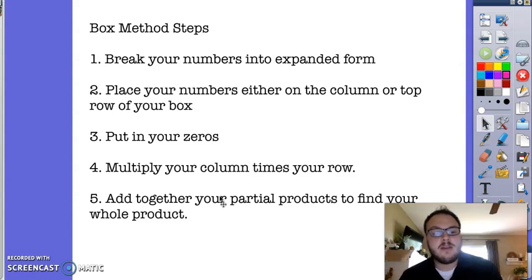Step 3 is to put in your zeros, and I'm going to show you what that means. Step 4 is multiply your column times your row. And step 5, add together your partial products to find your whole product. Your partial products are just the products you get from multiplying the numbers you put inside your boxes. I know this sounds like a lot, but I promise you, it really isn't that bad once we get on the pattern.